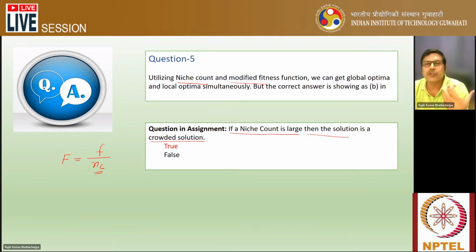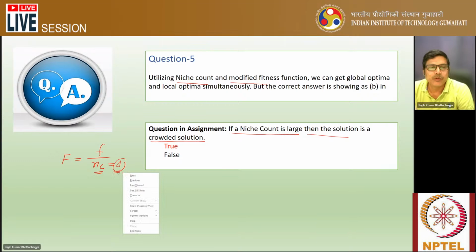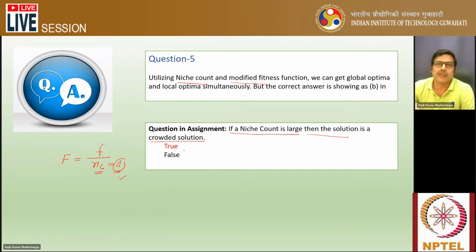Niche count being more means this is a crowded solution. If it is an isolated solution, the niche count value will be equal to 1, because there is no solution near that particular solution. If it is a crowded solution, this value will be more than 1. So if niche count is large, the solution is a crowded solution.